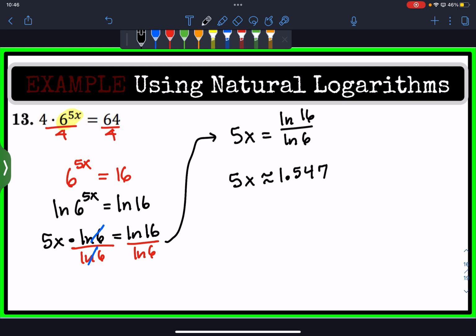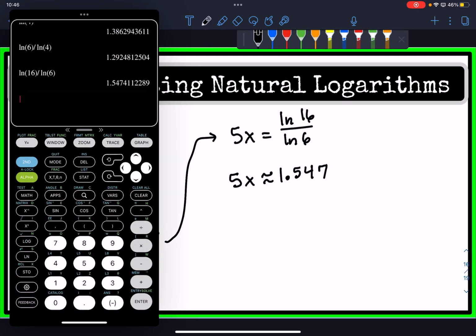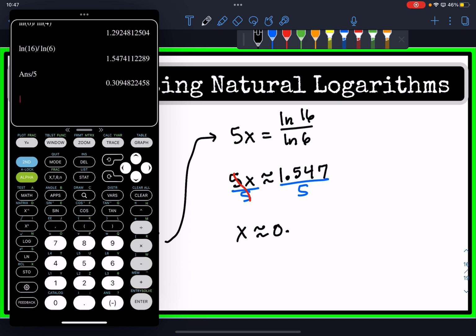So to figure out the value of x, well, since we're multiplying by 5, we're going to divide by 5. That reduces this to a 1, and x is approximately 1.547 divided by 5. I have my answer there, so let me just divide my answer by 5. So that approximates to 0.3094, so 0.309. So this is our answer to this one.